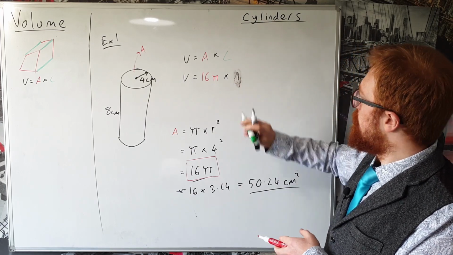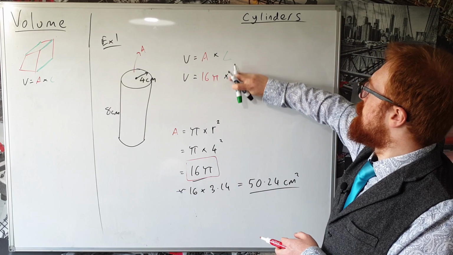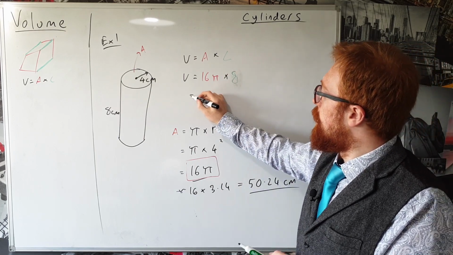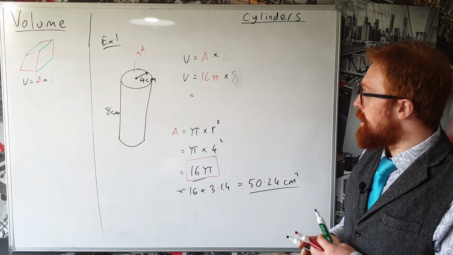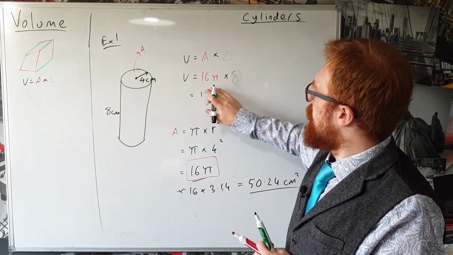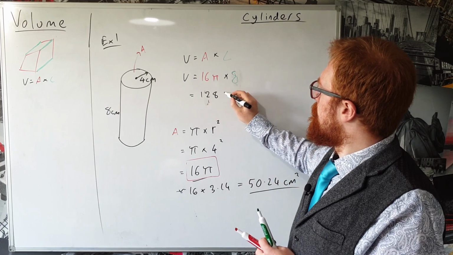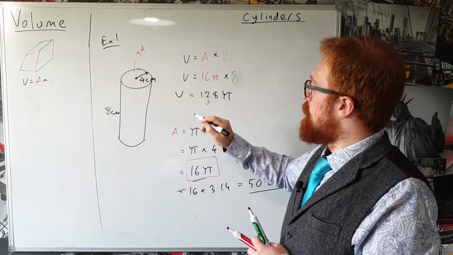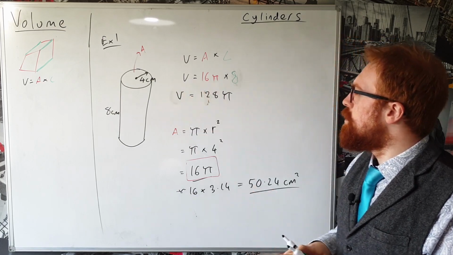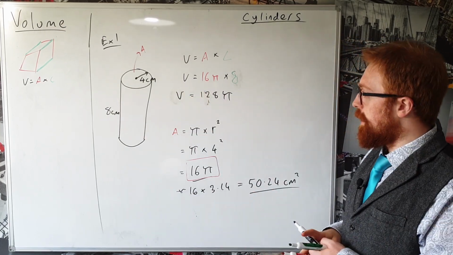Okay. So 16 pi times 8 is 128 pi. So for this question, the volume is 128 pi.